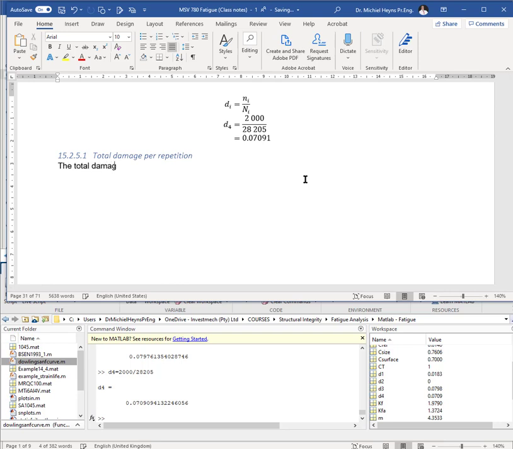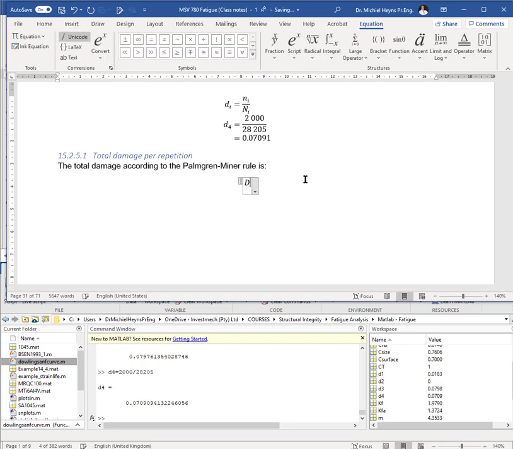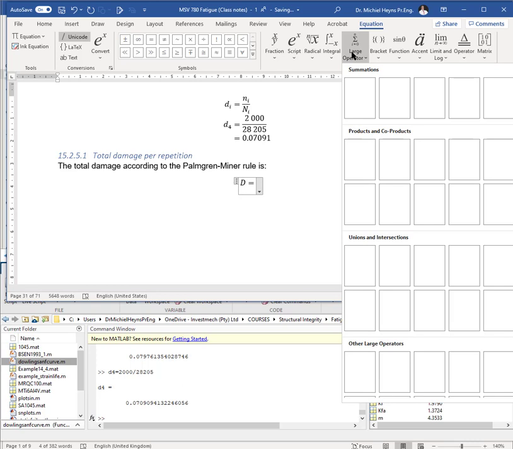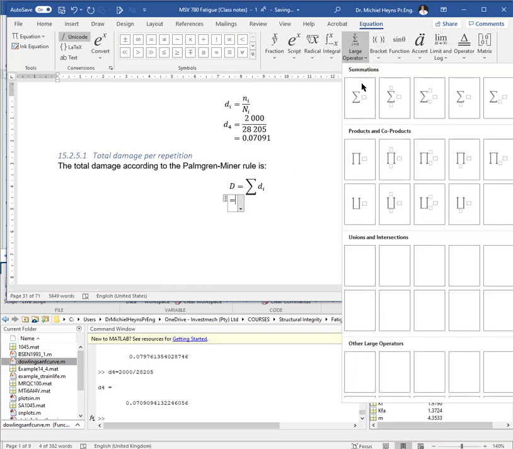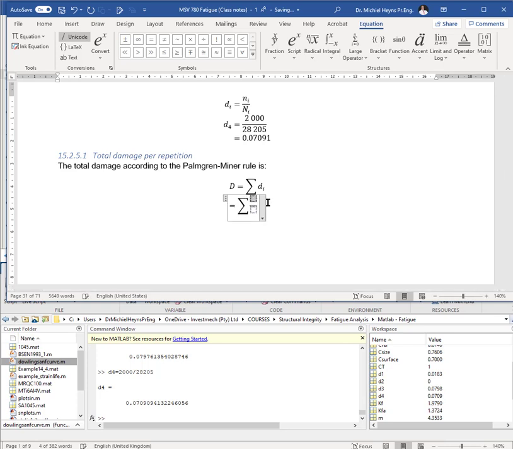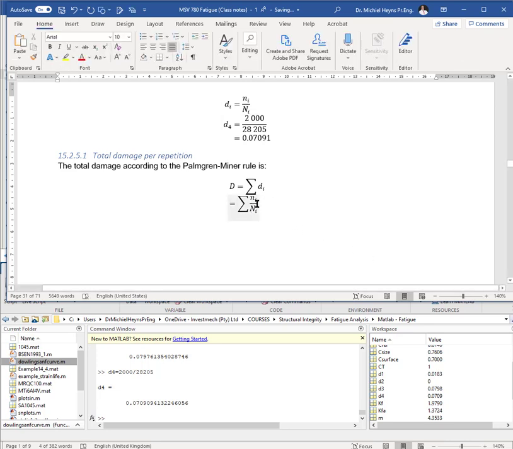The total damage, according to the Palmgren-Miner rule, is equal to the sum of your individual damages, which we also know is the sum of n_i, the number of applied cycles, divided by the fatigue life at that applicable completely reversed stress amplitude.